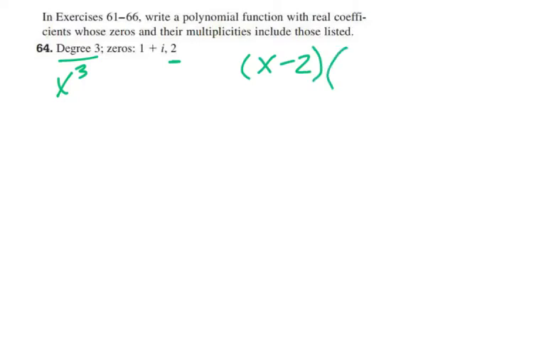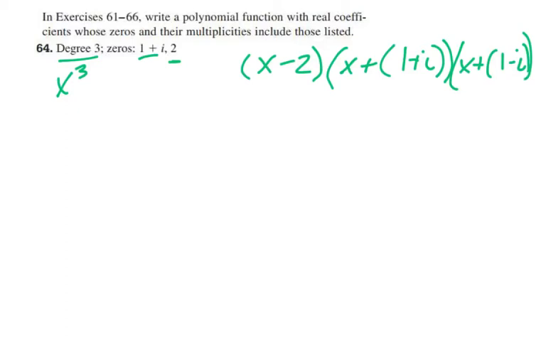We also have a complex zero, which is x plus 1 plus i. But then we also have, because we have one imaginary solution, you have to have 2 of them always. So we also have x plus 1 minus i. You always switch the imaginary piece to being negative. So notice that the 1 stayed the same, but the i value, or the imaginary piece, became opposite.